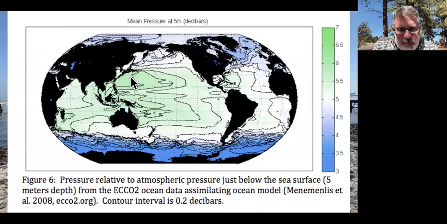It's flowing along the pressure contours. And this one is a high, so it's flowing anticyclonically, clockwise, around here. And then it's flowing the same way here, and the same way here.